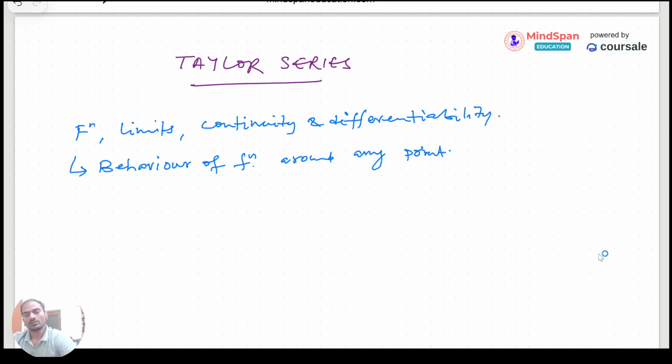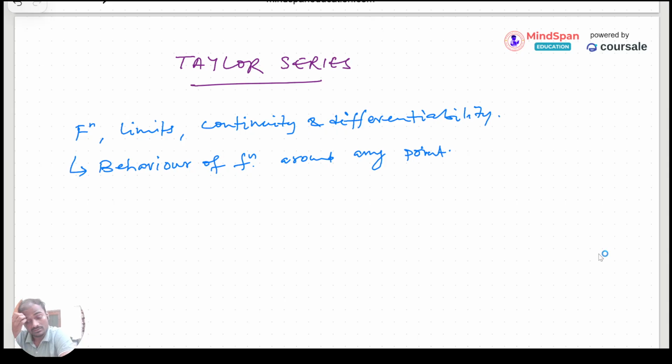Okay, all those things we will discuss in this lecture, and also we will try to go through some examples of how we use this Taylor series expansion in our particular GATE course.